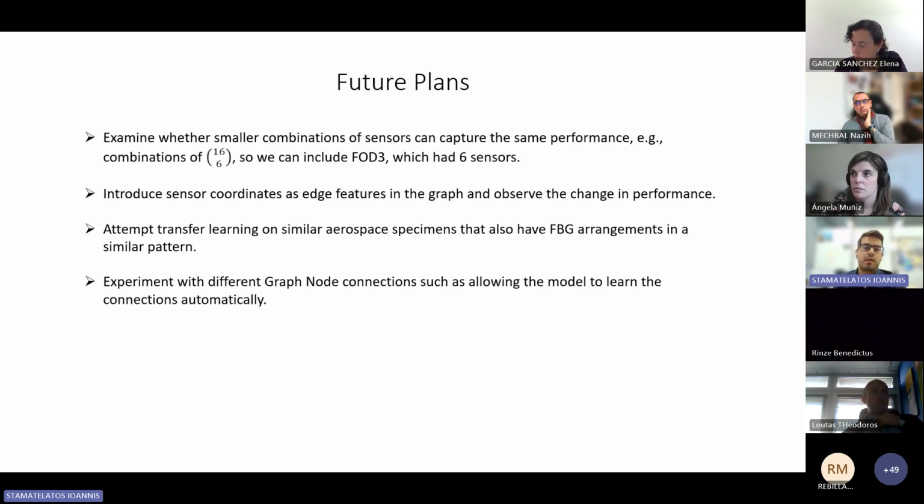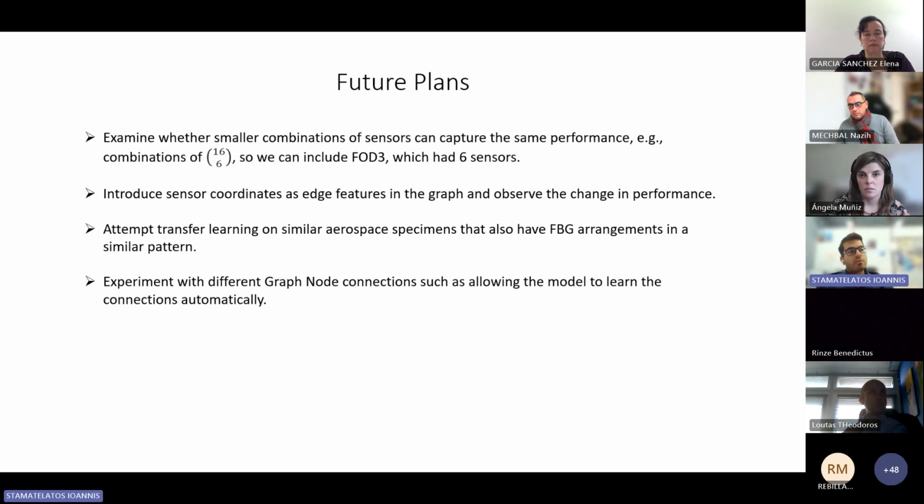We went with the simplest case, but someone could put the coordinates of each sensor as edge features, so you can teach the model to learn the Euclidean distances of each sensor, and maybe it can be easier to generalize this neural network to a different sensor setup.